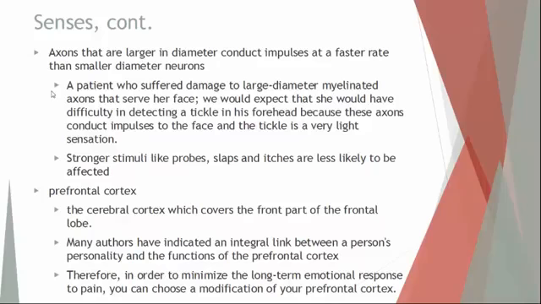Because of that large diameter axon being damaged, very subtle touches or subtle interactions will be harder for that person to detect than more violent, more abrupt interactions, like being slapped or being punched. That is a much stronger stimulus, and it's easier to detect as opposed to a light tickle or a light touch.